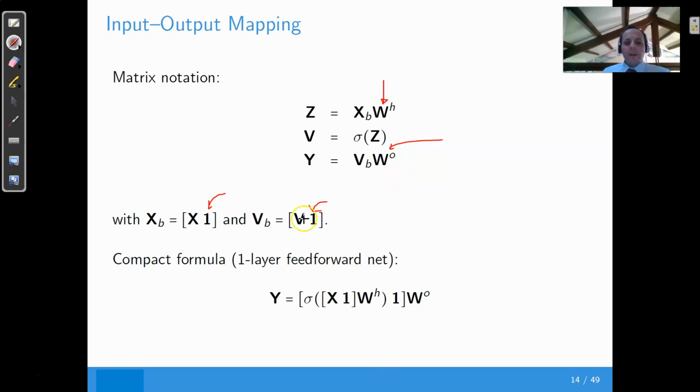It is very useful because we can obtain a very simple, very compact formula for this feedforward neural network. As you can see here, the output is the result of the transformation through the hidden layer and the output layer. So it's very simple to represent the function of the neural network.